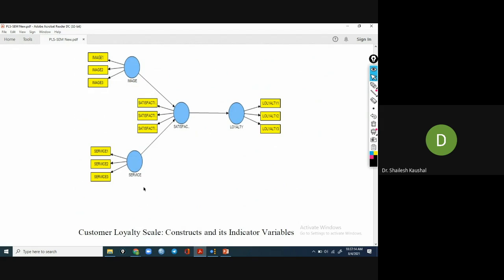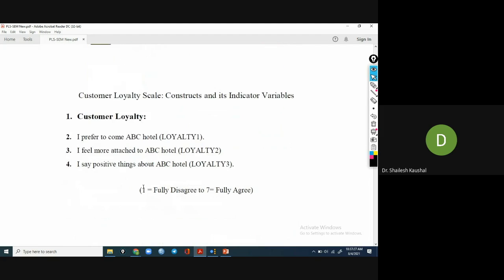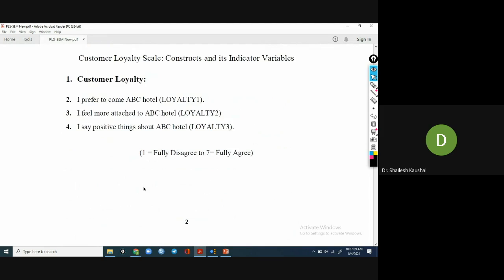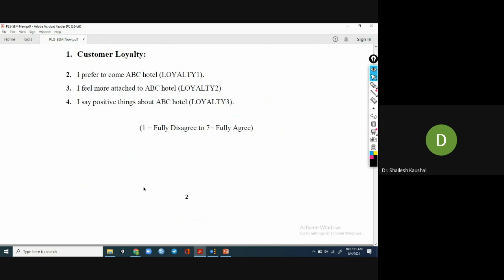Each construct has three questions. The total number of questions here is 12. The customer loyalty scale has three questions: I prefer to come to ABC Hotel, I feel more attached to ABC Hotel, and I say positive things about ABC Hotel.